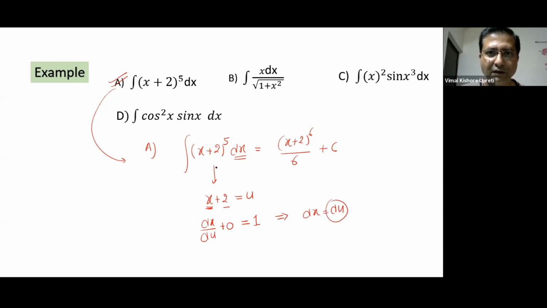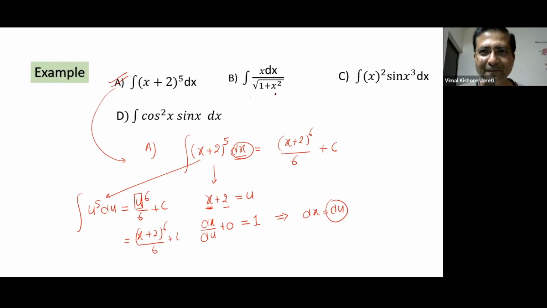Now let's substitute all the values. So this is u to the power 5 and dx is du. Now it is in a very simple format. I can integrate: u to the power 6 by 6 plus c. But we have to report the answer in terms of x, so I'll substitute the value back: x plus 2 to the power 6 by 6. Okay, simple.